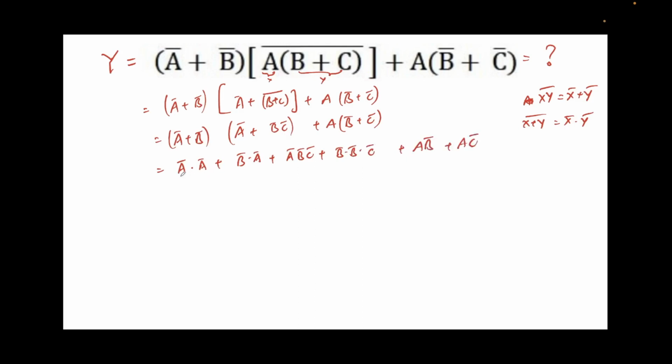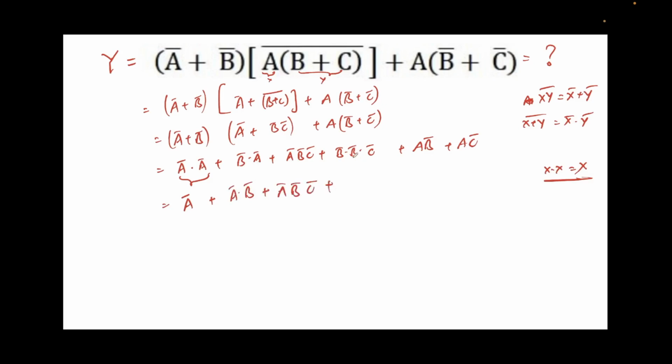Now note this first term, A bar dot A bar. In Boolean algebra, X dot X is equal to X, because 0 into 0 will come out to be 0 and 1 into 1 will come out to be 1. Hence I can write A bar dot A bar equal to A bar. I'll just rearrange these terms for the sake of simplicity, plus A bar B bar C bar.